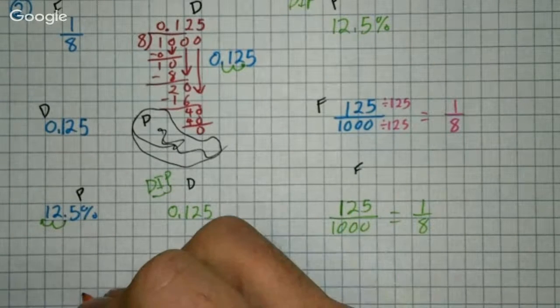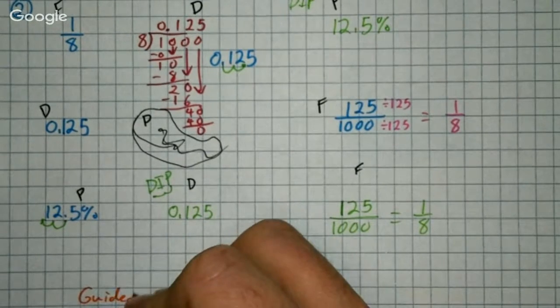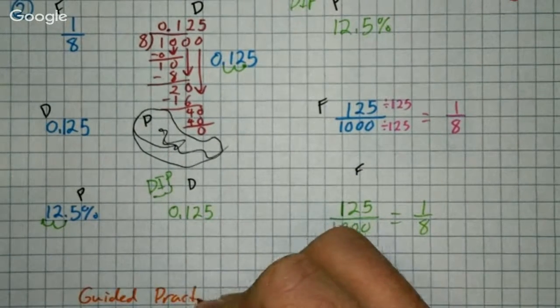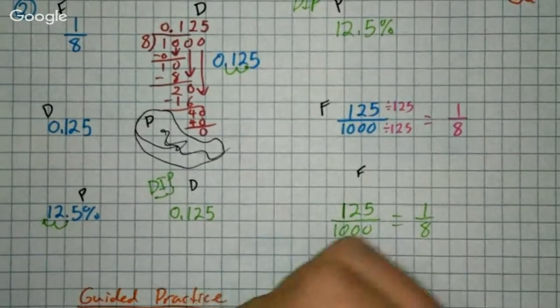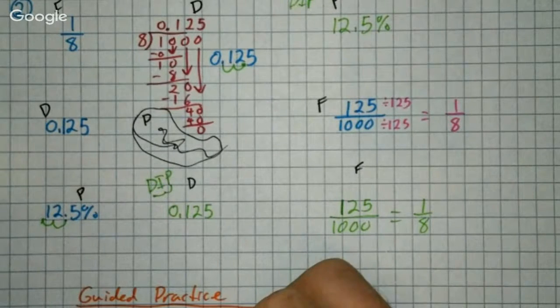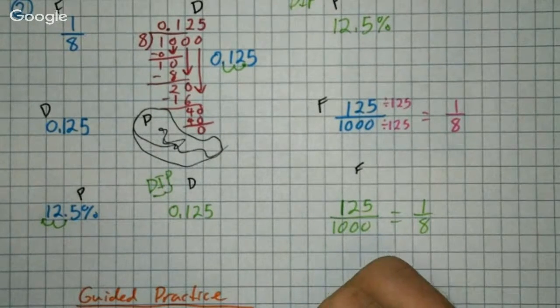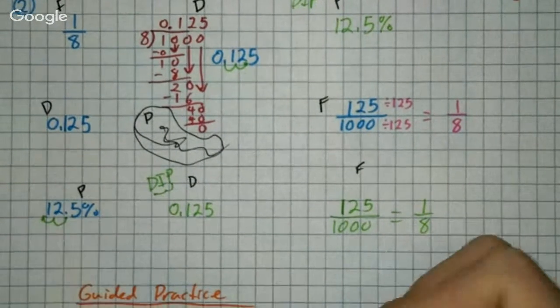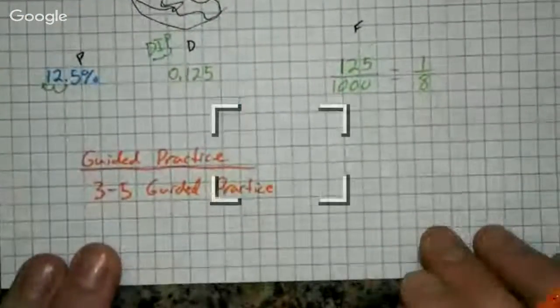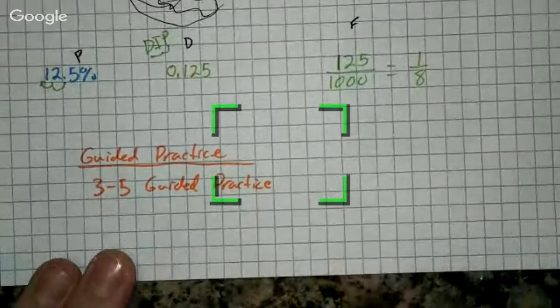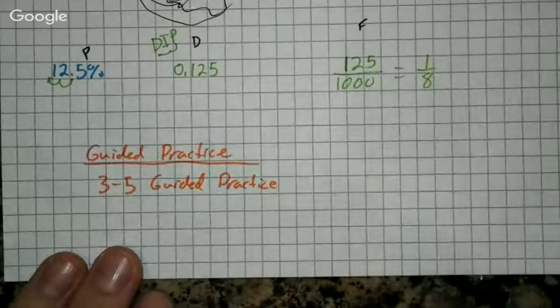All right, our guided practice is going to be just 3-5 guided practice. If you want some work with repeating and terminating decimals, you can definitely go ahead and do 3-1 and 3-2, or you can look through some of that.